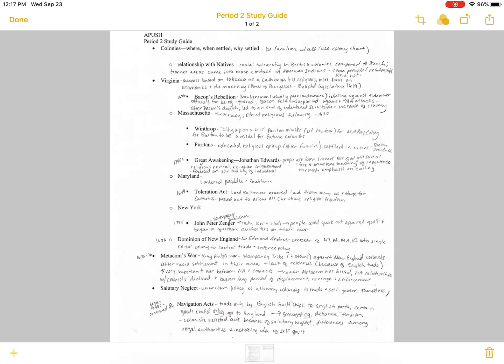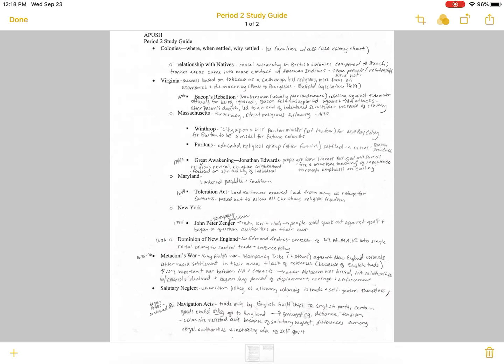And so some of those goods, especially the really high demand goods, such as indigo or tobacco or sugar, you could have made a better profit somewhere else, but you weren't allowed to do it.